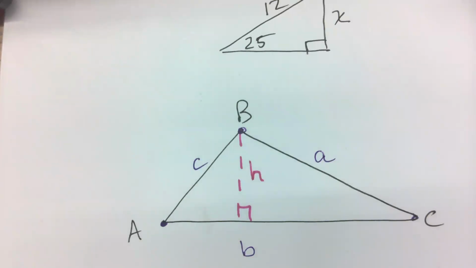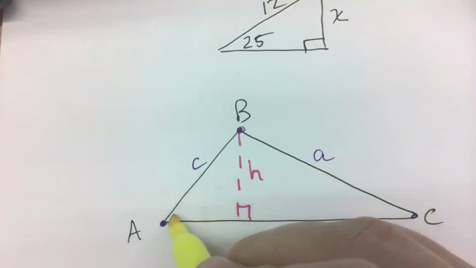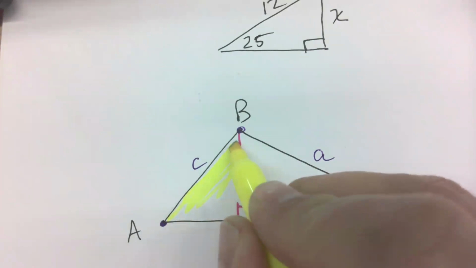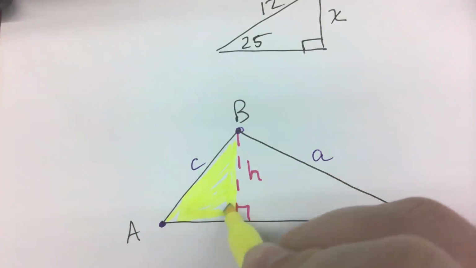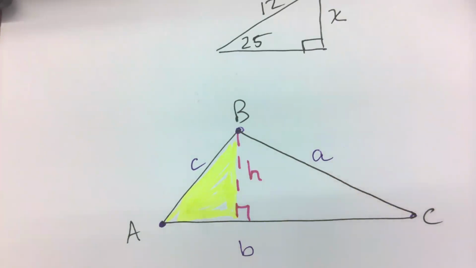Now I want to use my sine, cosine, or tangent. I've got the right angle here, so I can do that. Say we're looking at this yellow triangle. That's a right angle. And I don't have this length. I know that b is the whole length, but this little piece is absent.